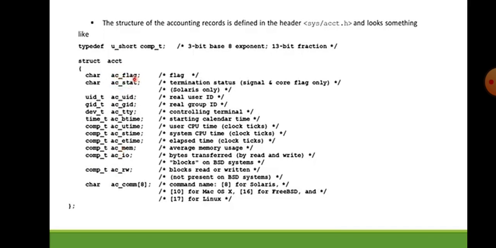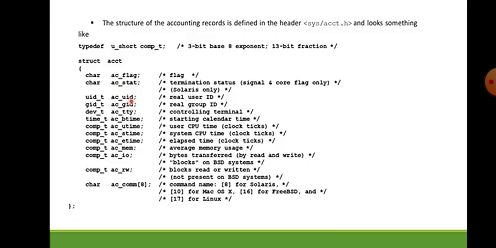First one being the flag. Okay, so this will be set to one of the flag values, which you will be looking at in the upcoming slide. Then comes the termination status of the process, how the process got terminated.